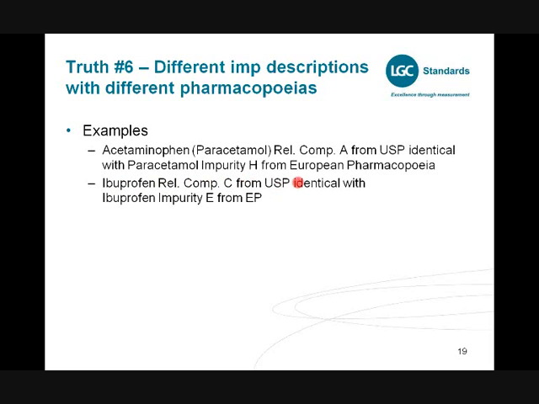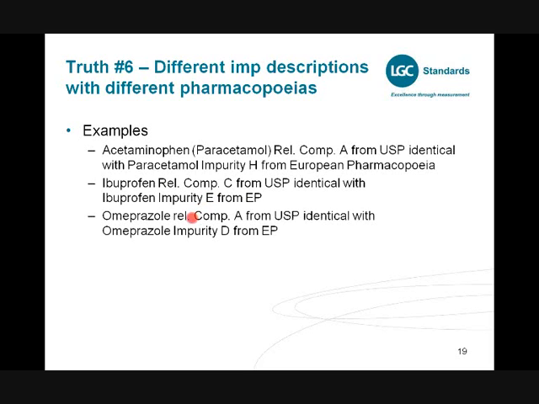That one is identical with the ibuprofen impurity E from the European Pharmacopoeia. And the last example here is that the omeprazole related compound A from USP is identical with the omeprazole impurity D from the European Pharmacopoeia, and not with impurity A from the European Pharmacopoeia.